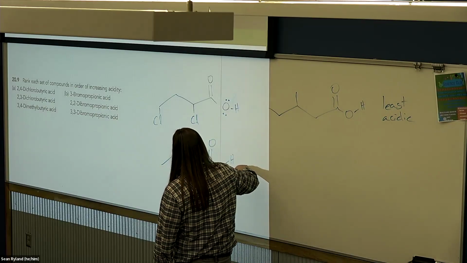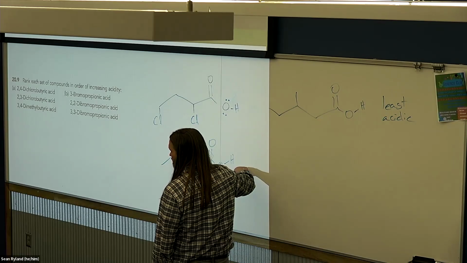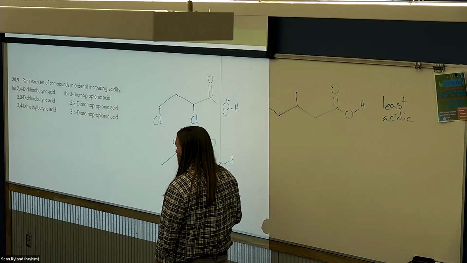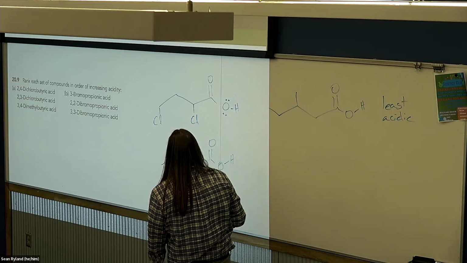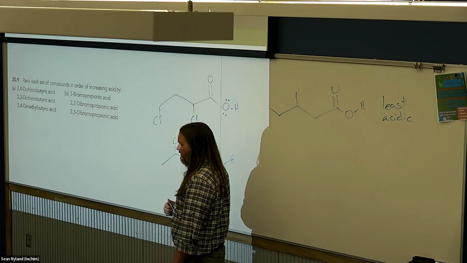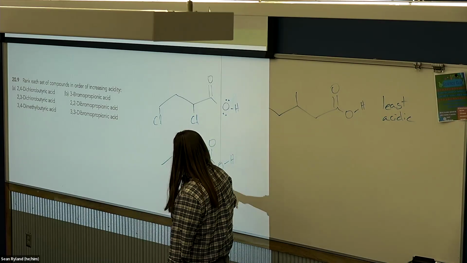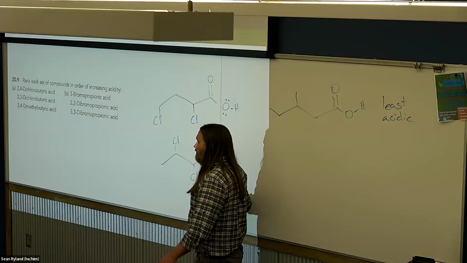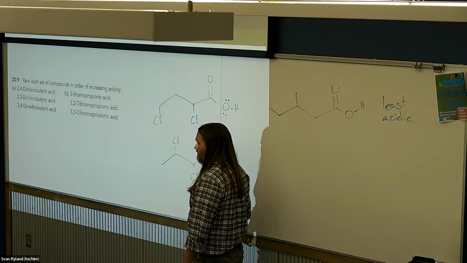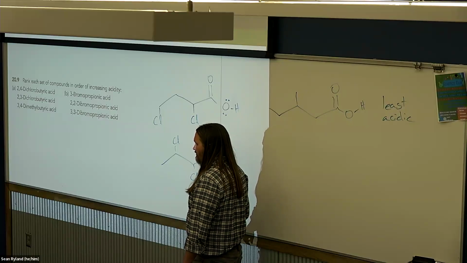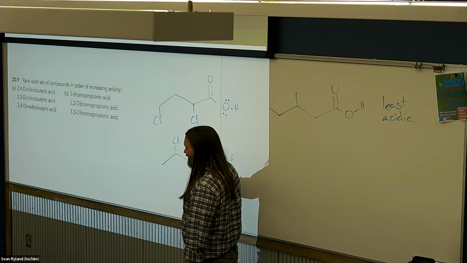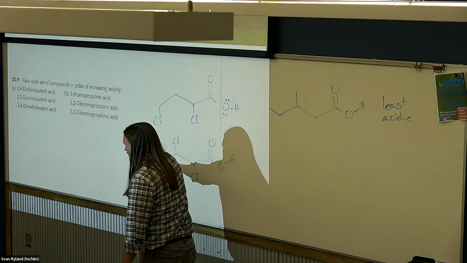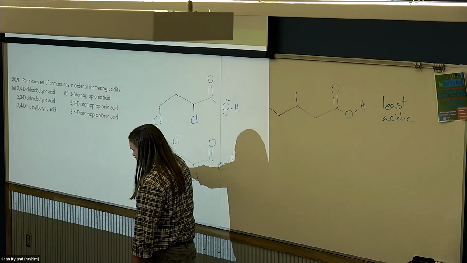So then out of these two, which one is going to pull the electrons away from the oxygen more? The second one, because the second chlorine is closer. So if this one is pulling the most electron density away, that makes it the most acidic.